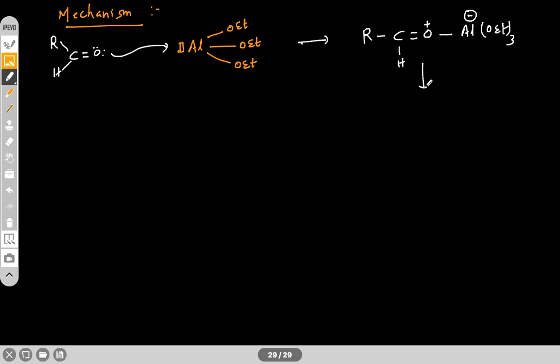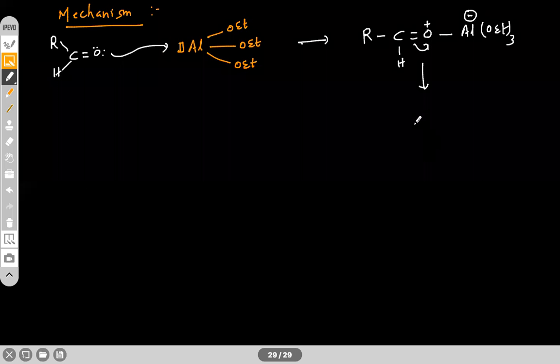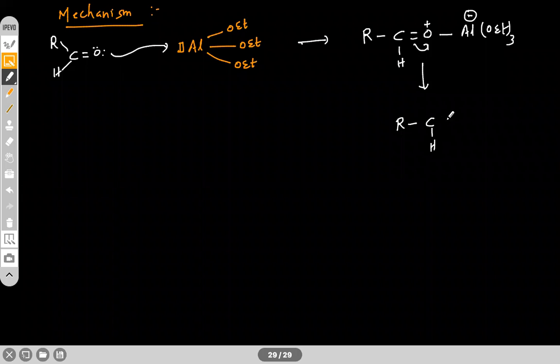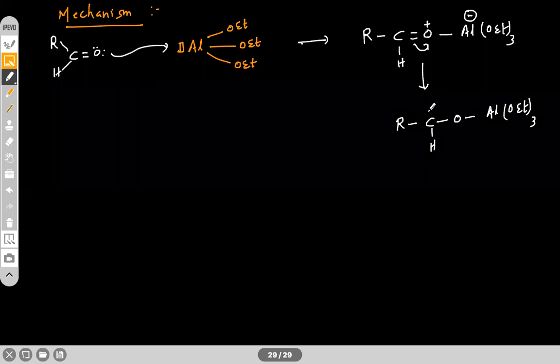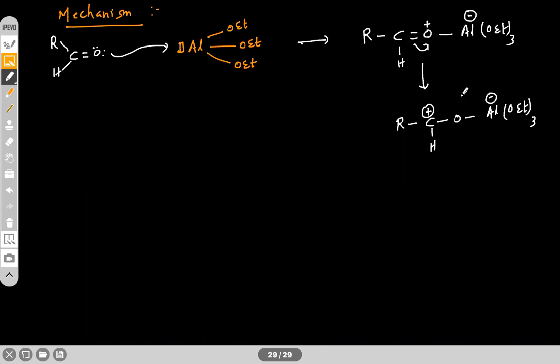Then oxygen drags the electron pair and we get the carbocation here, Al(OEt) whole thrice. So this is the positive charge we get and the negative charge we have here. Okay. Now the other molecule RC double bond O H, as a nucleophile, its lone pair on the oxygen attacks onto this carbon atom.